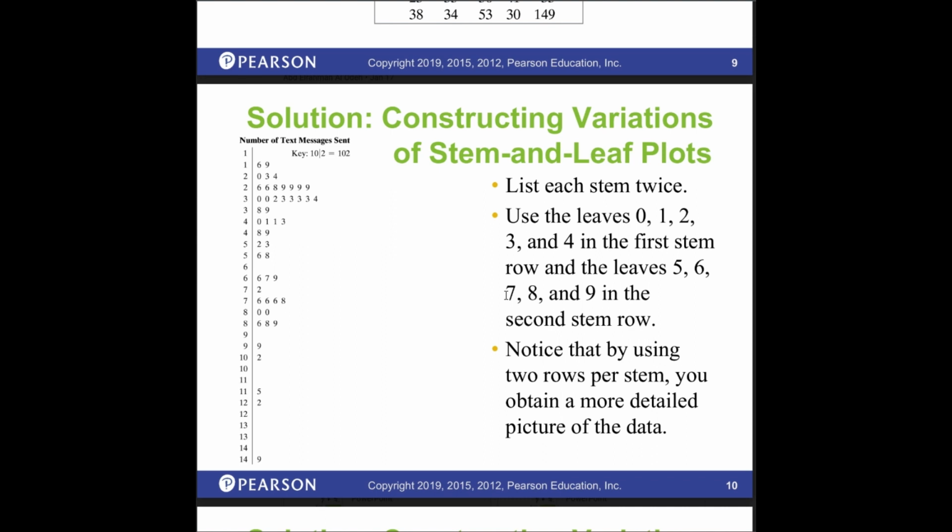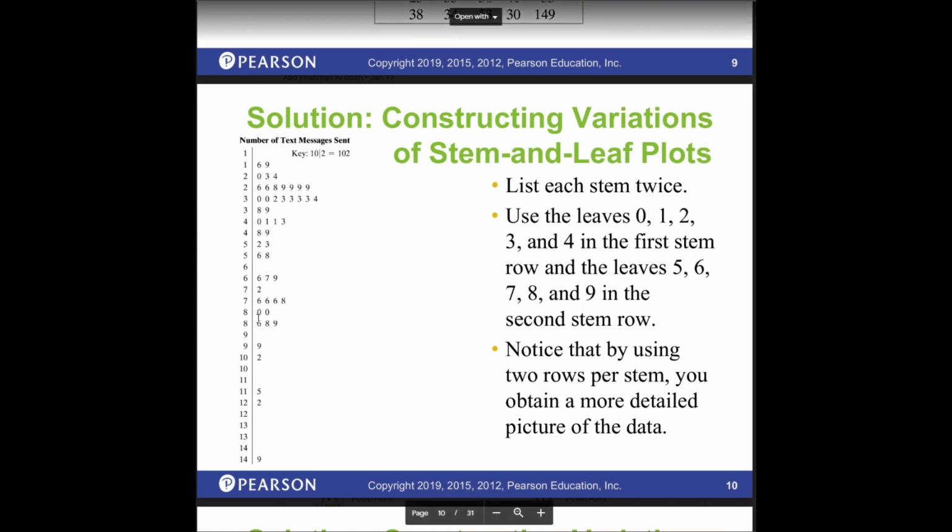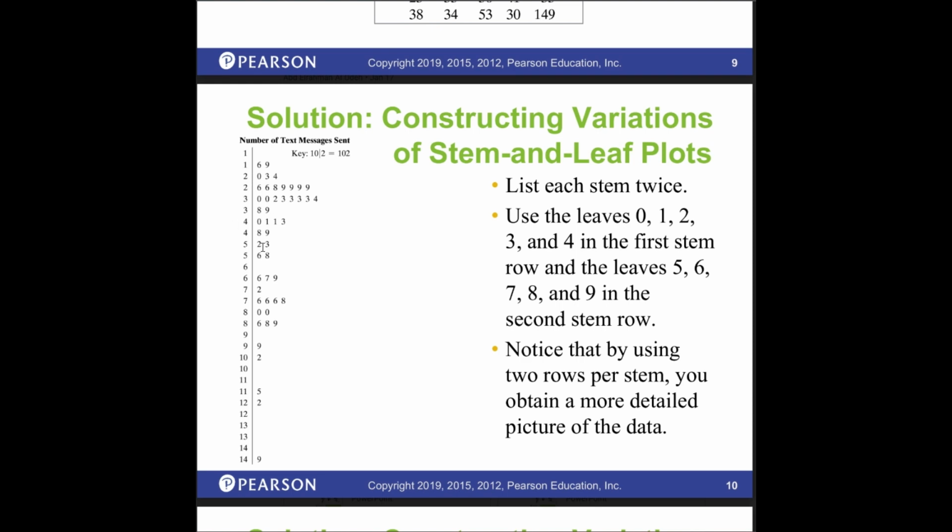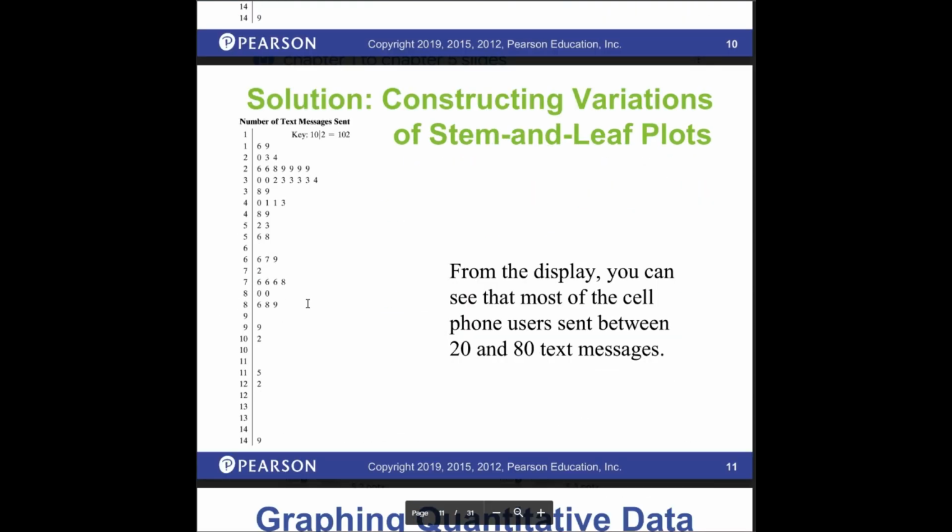Notice that by using 2 rows per stem, you obtain a more detailed picture of the data. You can see more numbers. From the display, you can see that most of the cell phone users sent between 20 and 80 text messages.